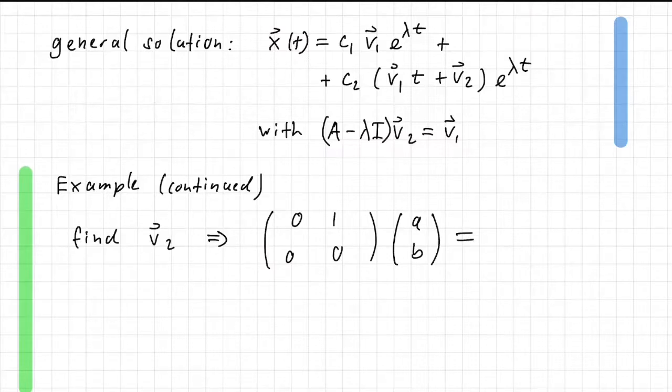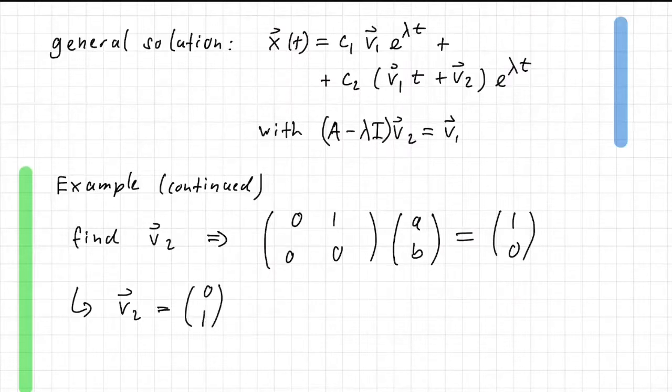So this parameterizes our vector v2 equal to the vector v1, and that one was 1, 0. And now we immediately see that there is a simple solution for v2. We can find that v2 equals 0, 1 solves this equation, because if we do that multiplication, here you have just 0, so this automatically gives you 0, and here we get just b times 1 equals 1. So this is the solution.